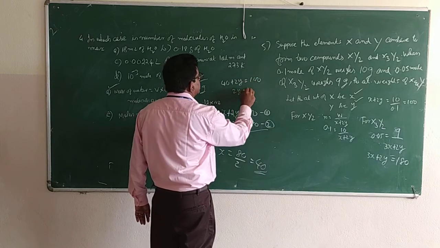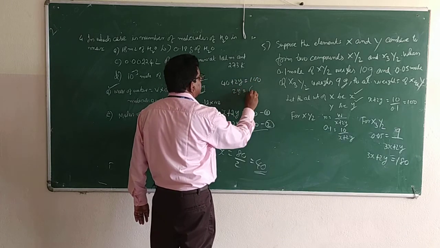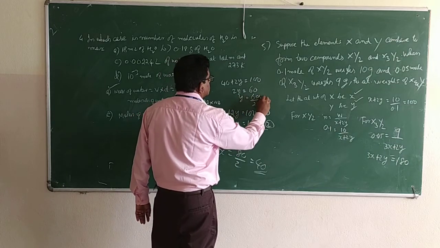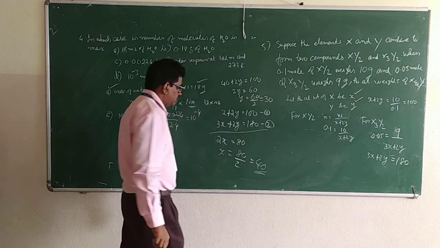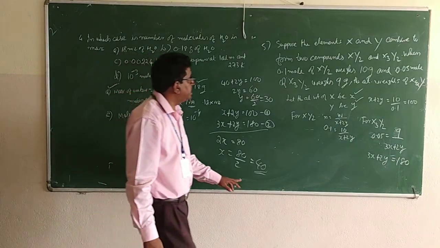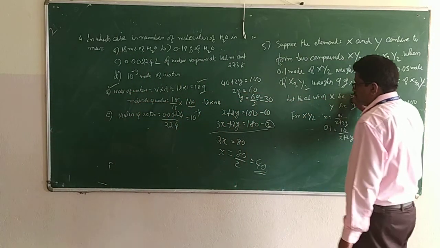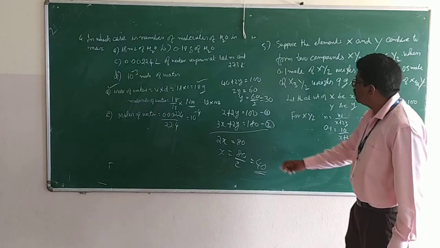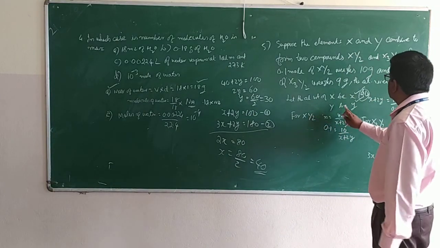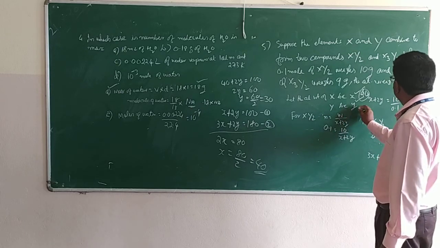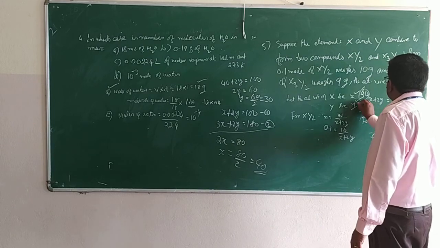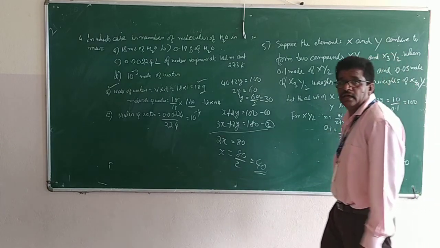So 2y is equal to 100 minus 40, 60. So y is equal to 60 by 2, 30. So the atomic weight of X we got as 40, and atomic weight of Y we got as 30. So 40 and 30 are the answers.